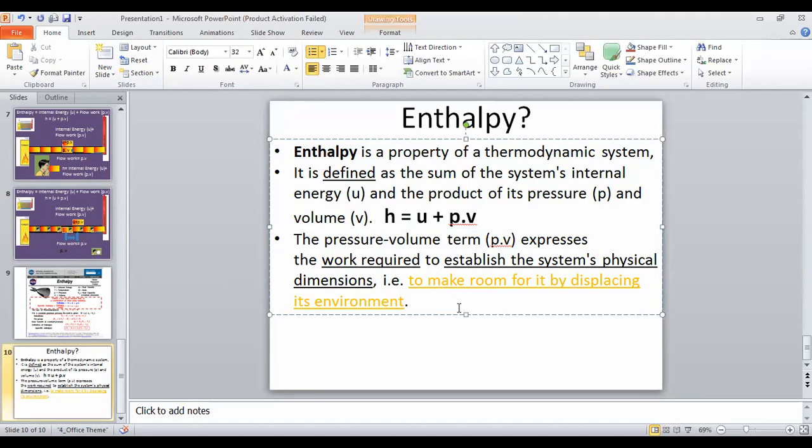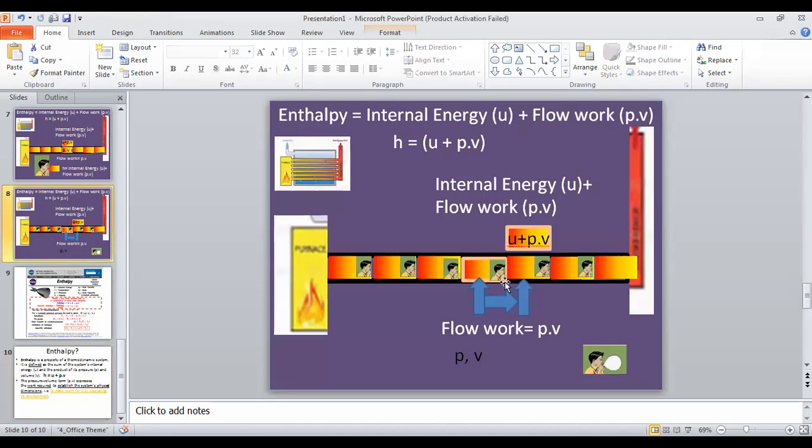So this is the energy or the work required to displace the environment that should be with that flow or the parcel of that flow component.